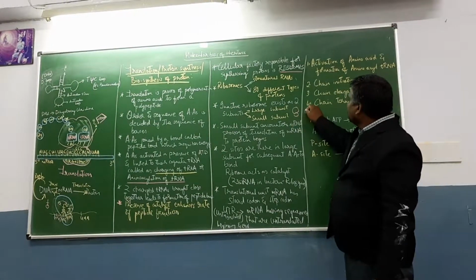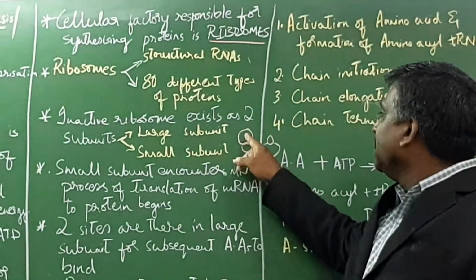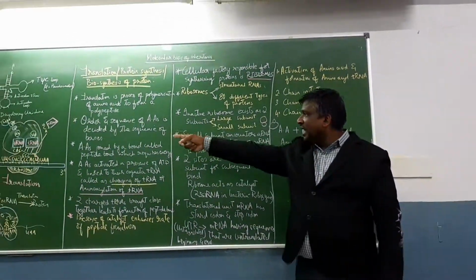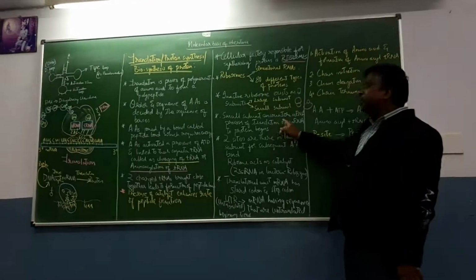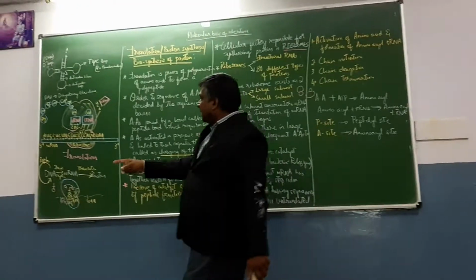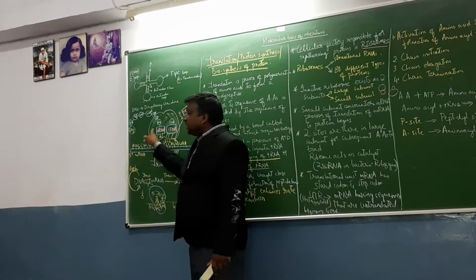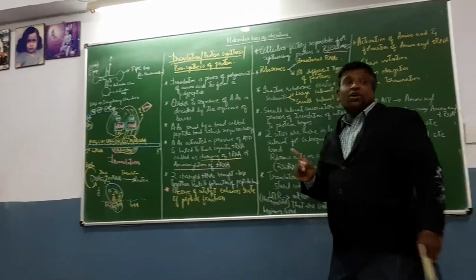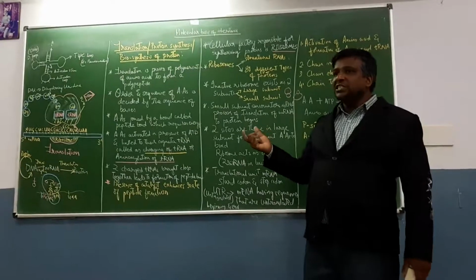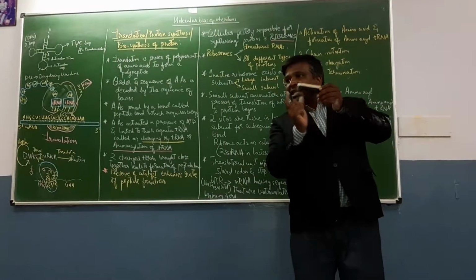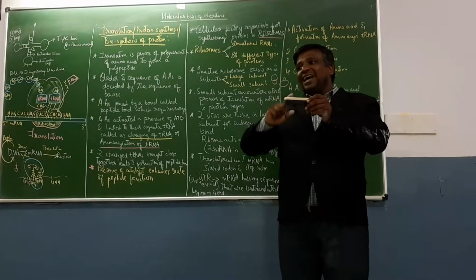Then the small subunit, when it comes in contact with the mRNA, gets attached first, followed by the attachment of the larger subunit of the ribosome.